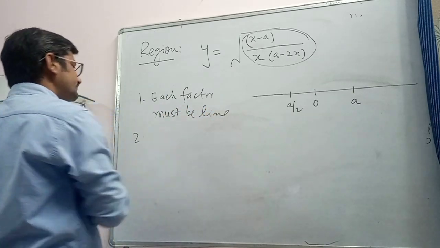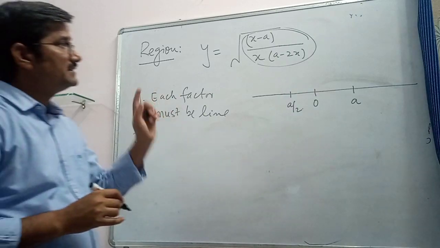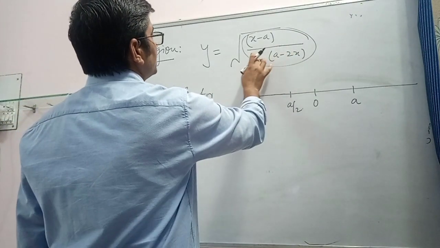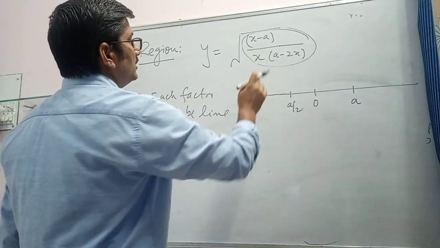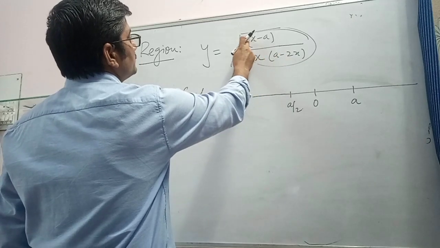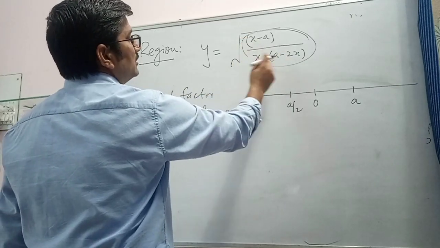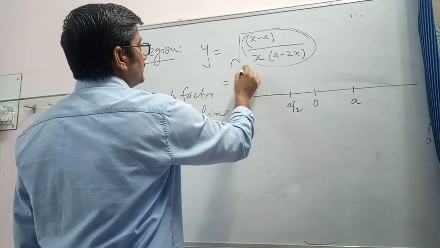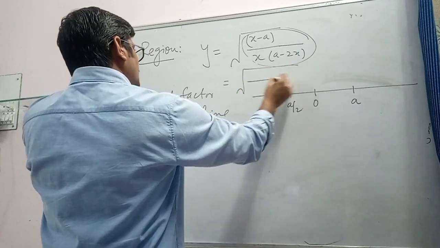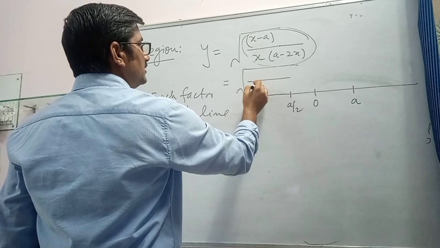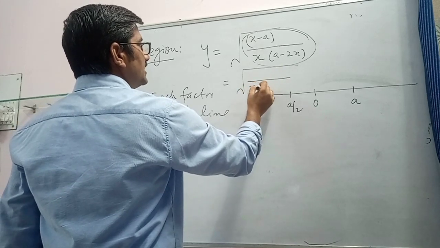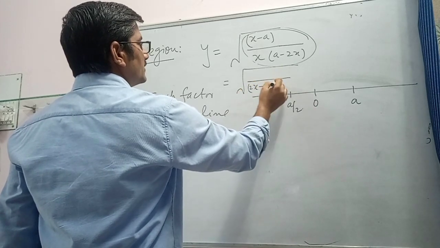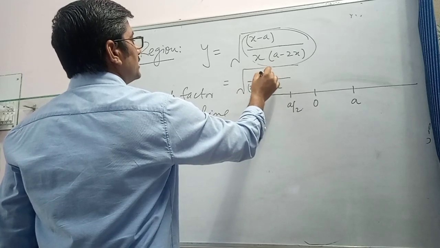Second, the coefficient of x in each factor must be positive. But here this one is positive, but this one is negative. So make it positive by taking minus common. So it will be 2x minus a and x minus a.